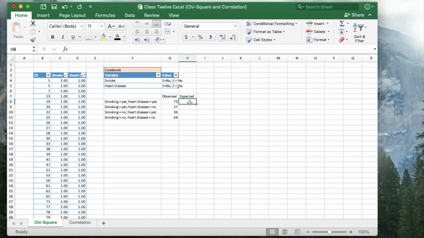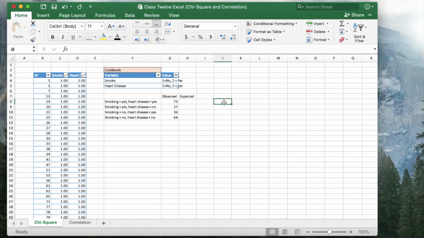So if there were absolutely no relationship between these 2 variables, then essentially our expected values for each one of our 4 response categories should be exactly the same. So because we have 200 cases and we have 4 possible responses, essentially the expected value is the total number of cases divided by the number of possible responses.